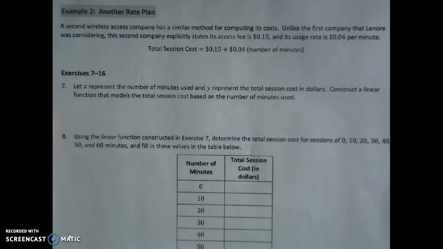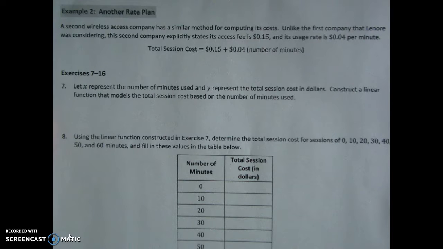All right, for example 2, we're looking at a second rate plan, another rate plan. A second wireless company states it is an access fee of 15 cents and a usage fee of 4 cents per minute. So in other words, the total session cost is 15 cents plus 4 cents times the number of minutes.